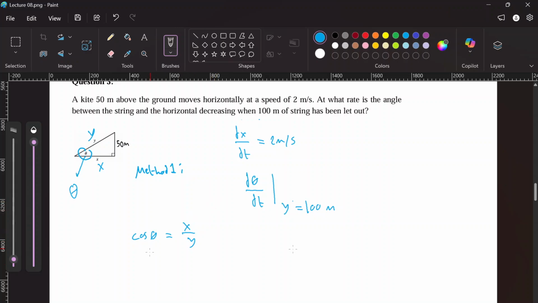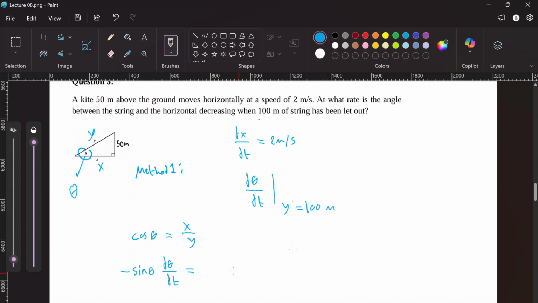What's the derivative here? Negative sine theta d theta over dt, right? Equals, for this what will we use? Let's use the product rule for this x over y. I prefer the product rule, okay?